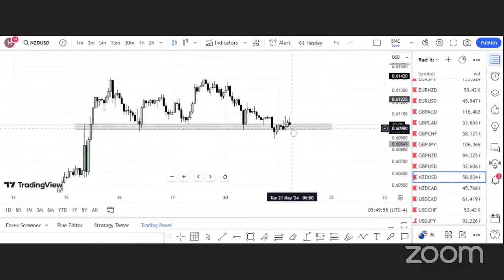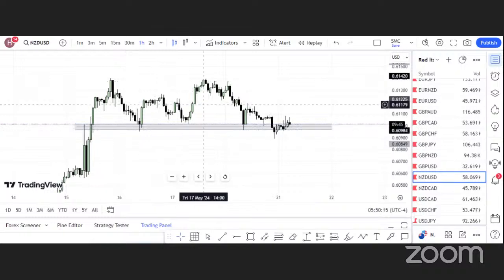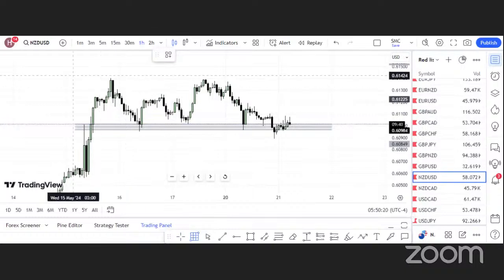When the market is on a support zone, the market has a probability of buying. When the market is on a resistance zone, the market has a probability of selling. And how do you know your support and your resistance zone? This is your support zone, where the market has been trying to move up from. And where the market has been selling is your resistance zone.